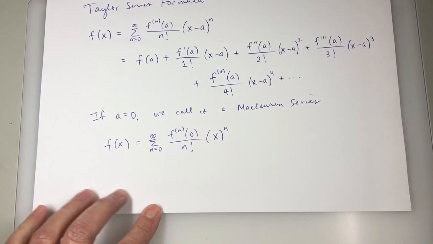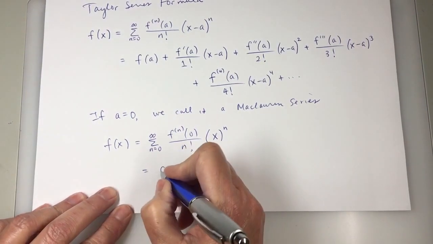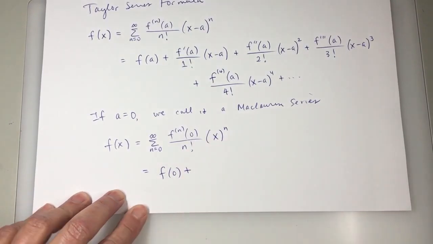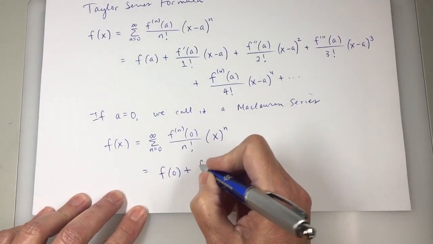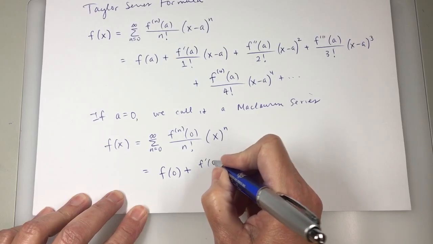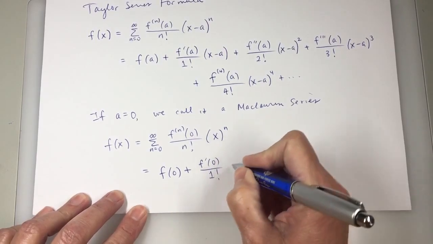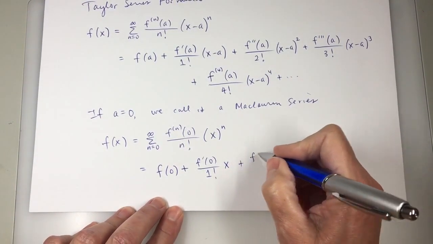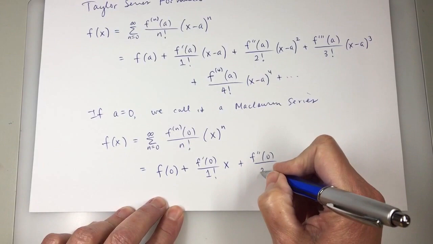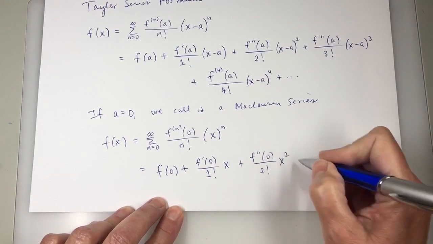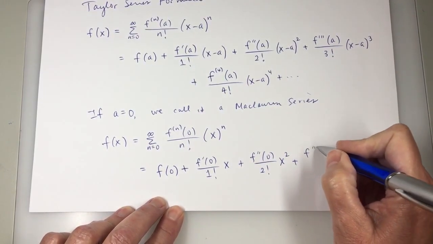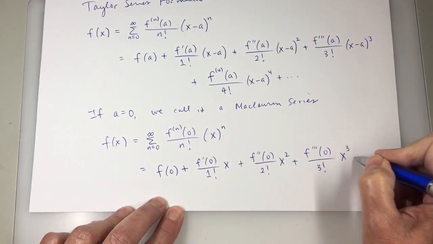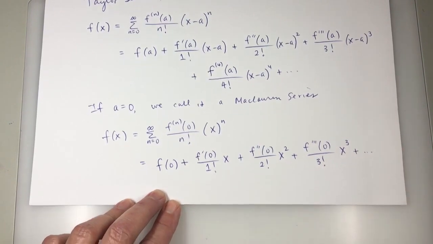And if you write out a few terms of that, f at 0 plus f prime at 0 over 1 factorial times x to the first plus f double prime at 0 over 2 factorial times x squared plus f triple prime at 0 over 3 factorial times x cubed, plus it continues like that.